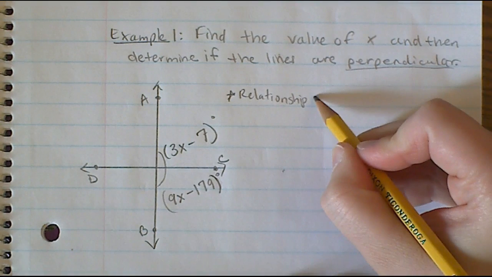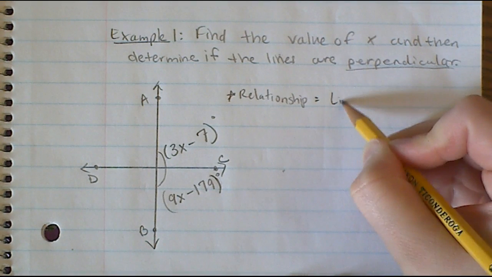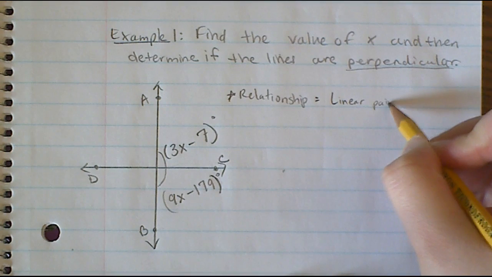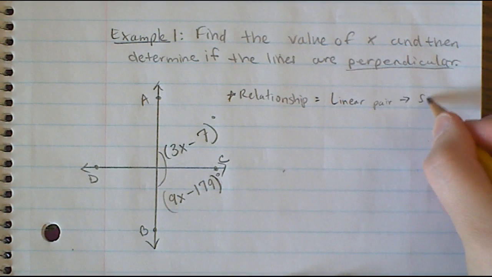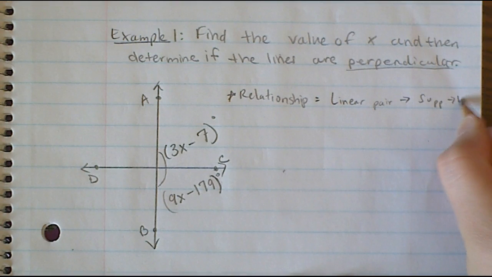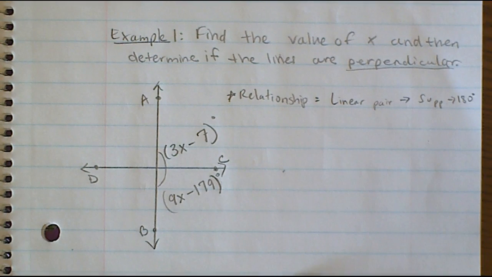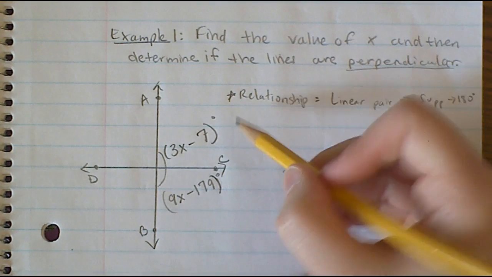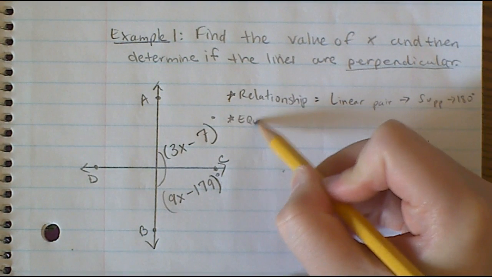So the relationship is they're a linear pair, which means that they must be supplementary, which means that they must add up to 180. So identifying the relationship of the two given angles is going to then help you write an equation.